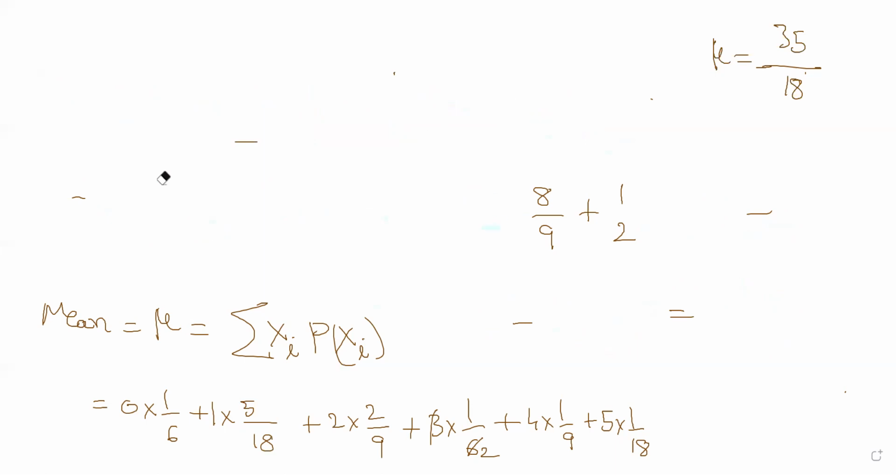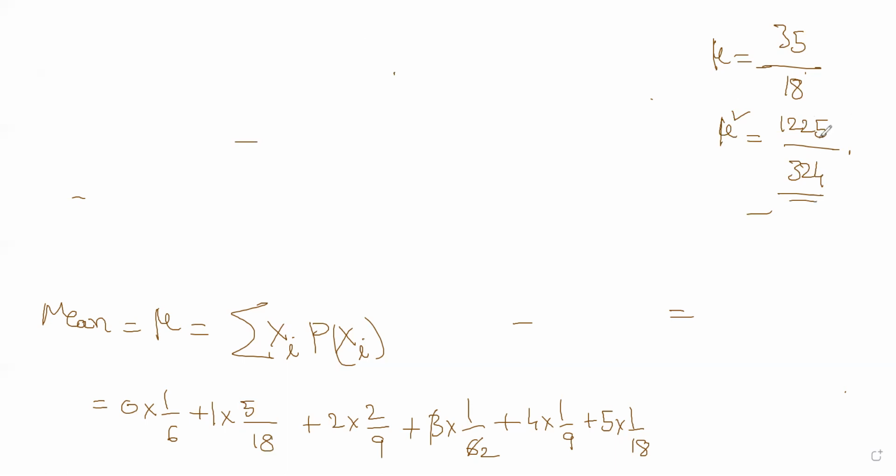The answer we got, that is the mean. The mean value, you had to square it and first keep it. So the squared value is 35 square, that is 1225, divided by 18 square, that is 324. Keep it aside first.